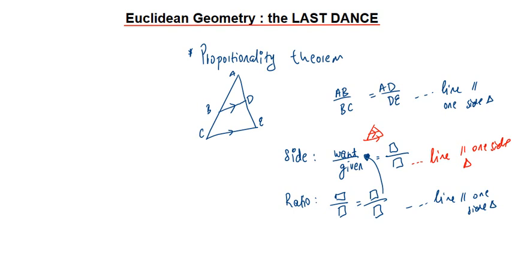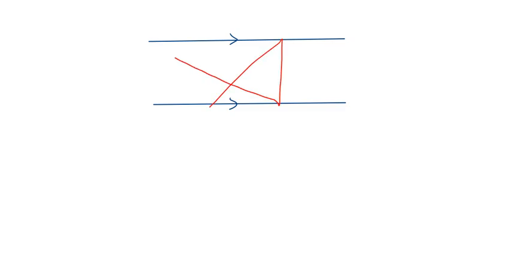Let's remember that if we have parallel lines, one of the properties of parallel lines is that if I know this line is parallel to that, and then I happen to have triangles, this is a triangle here, and maybe this is another triangle there.